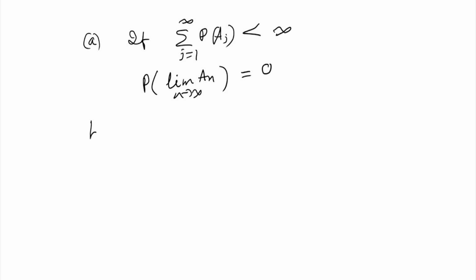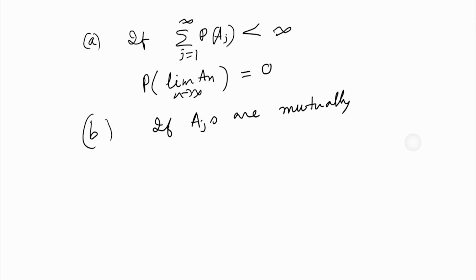And part B, if the A's are mutually independent. We know what mutually independent is: any combination of events, if we consider, they are independent, and their joint probability is the product of the individual probabilities.